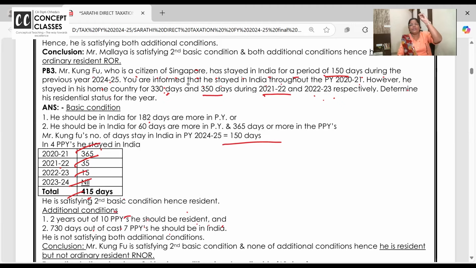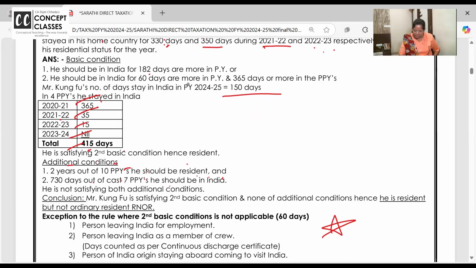Before that, Kung Fu never came to India. So additional conditions, first you have to write in exam, and then he is not satisfying the additional conditions. Is he a resident in any 2 preceding previous year? No, only 1 year he was there for 365 days. Before that, 10 days, 15 days, peanuts.